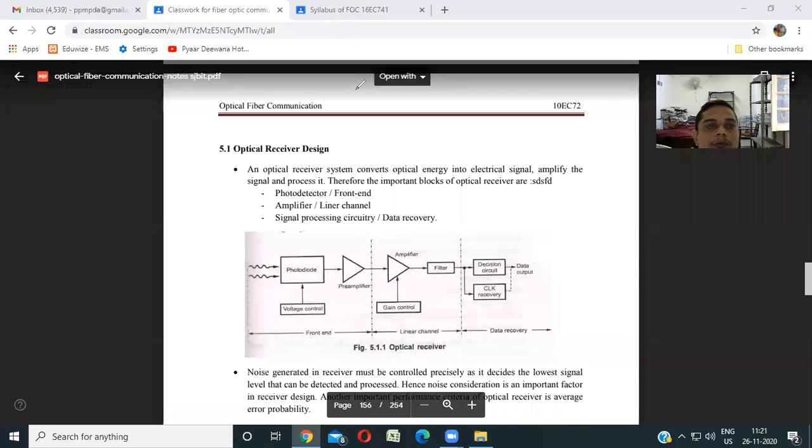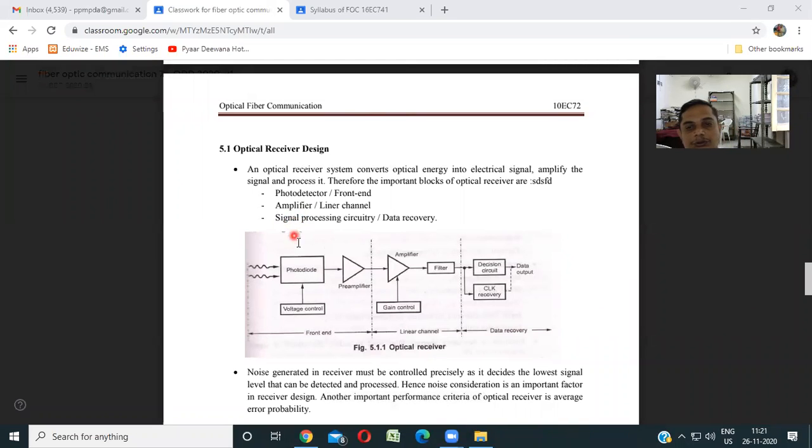Then the second one is an amplifier, and the third one is a signal processing circuit. Photo detector, amplifier, and signal processing circuit.